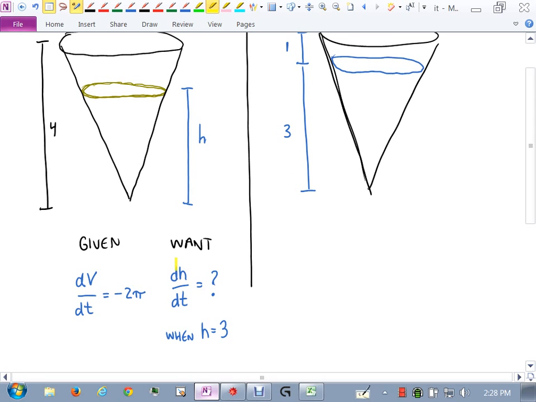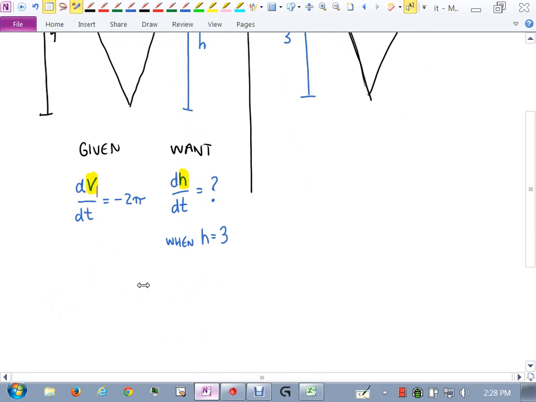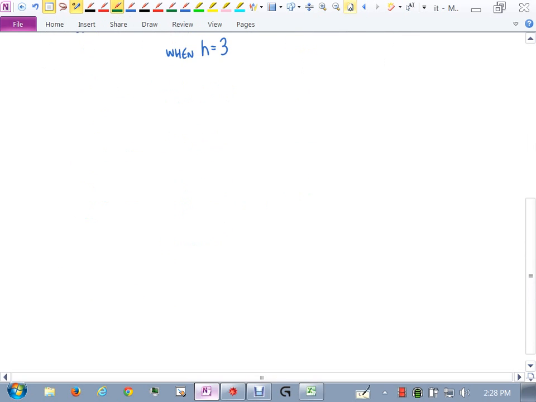Find the equation. I need to relate the height of that conical thing to the volume. What's the volume of a cone? That's a cone, isn't it? So you have to break open your books or Google the volume of a right cylindrical cone, and you find that the volume of a cone is, I'll go to a new page.